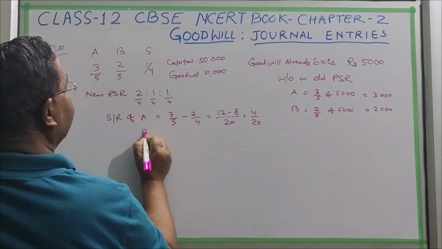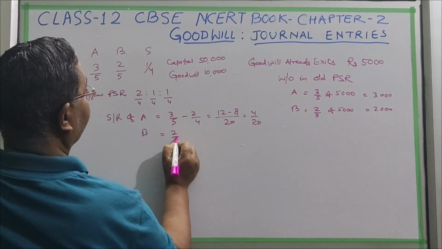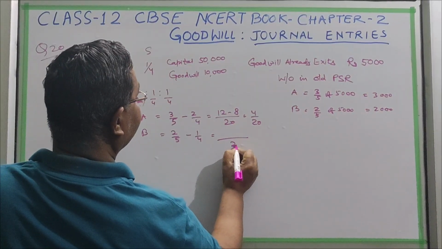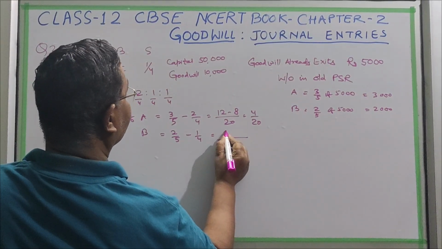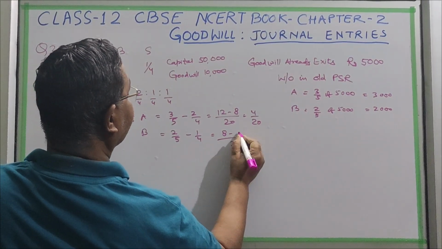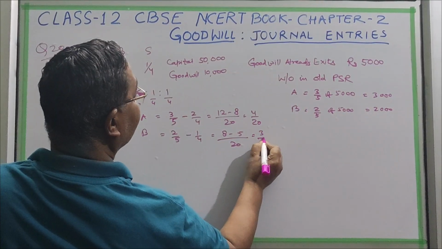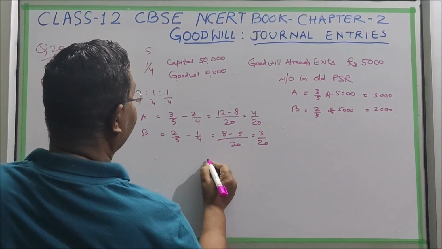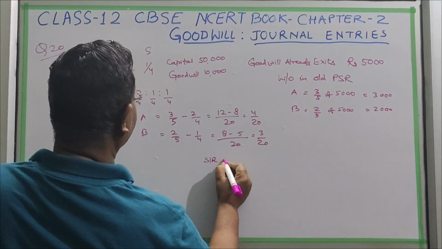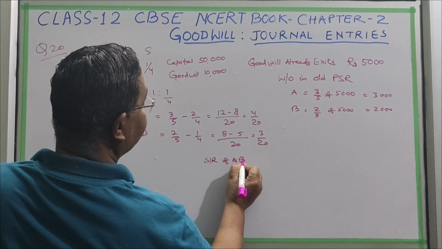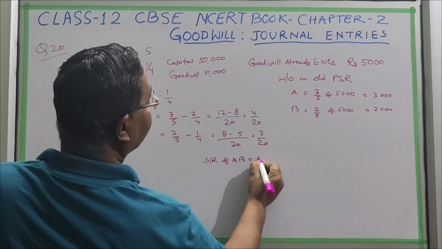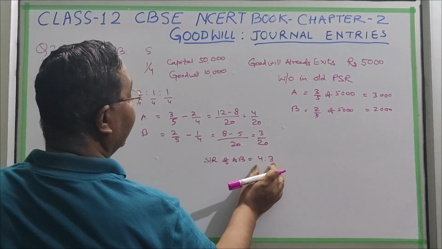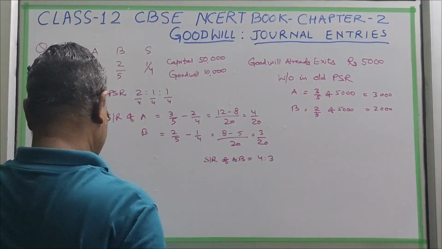And of B it will be 2/5 minus 1/4, equal to, LCM 20, 8 minus 5, so this is 3/20. So this 20 is of no use. Their sacrifice ratio, A is to B, will be 2:3. It means that 10,000 will be divided in this ratio.